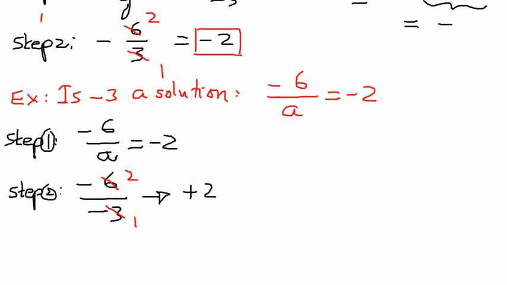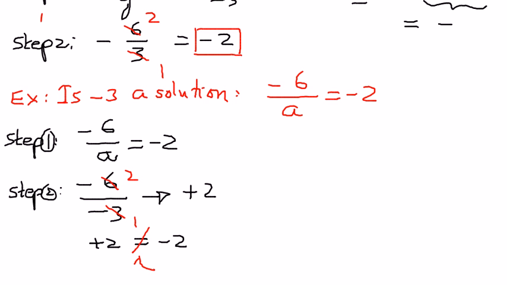And therefore, on the left-hand side we have arrived at a positive 2, and on the right hand side we have a negative 2. Is positive 2 equal to negative 2? No, it is not. So when it is not equal, we put a line across the equal sign, indicating that it is not equal to.